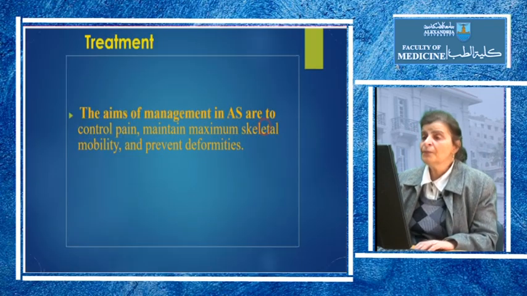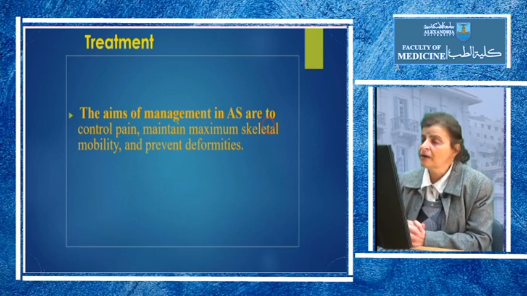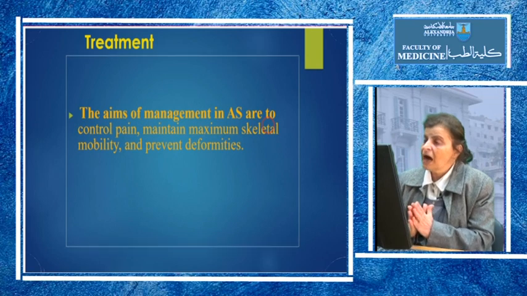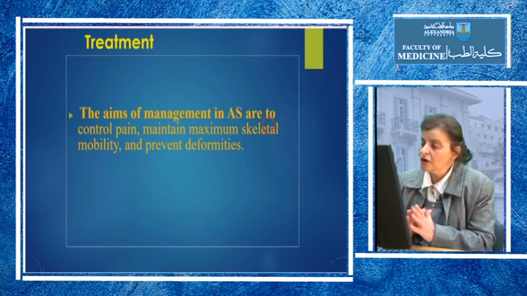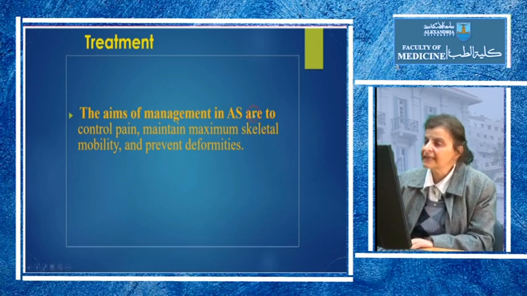When we move on to the treatment, what is our aim when we treat our spondyloarthritis patients? As you see, our patients have a lot of pain, so we need to control pain, maintain maximal skeletal mobility, and prevent deformities.